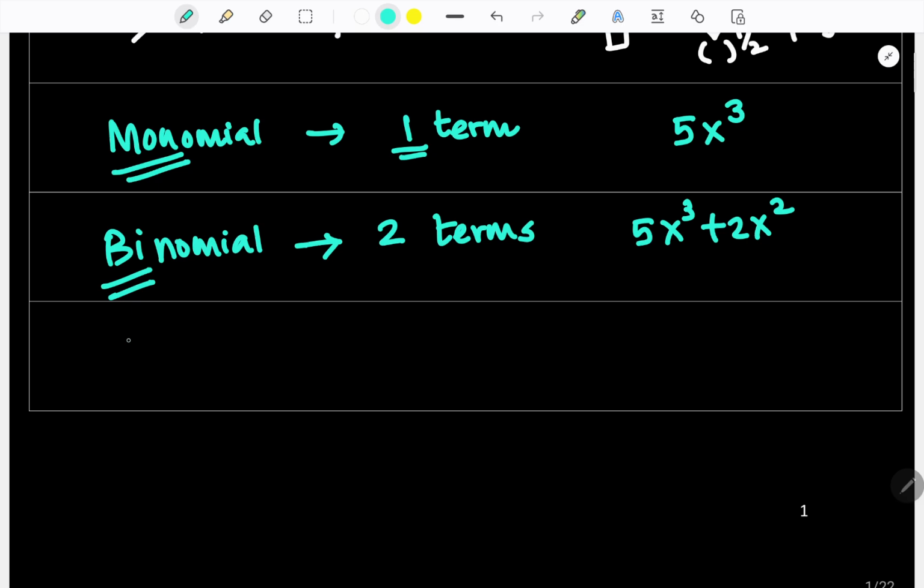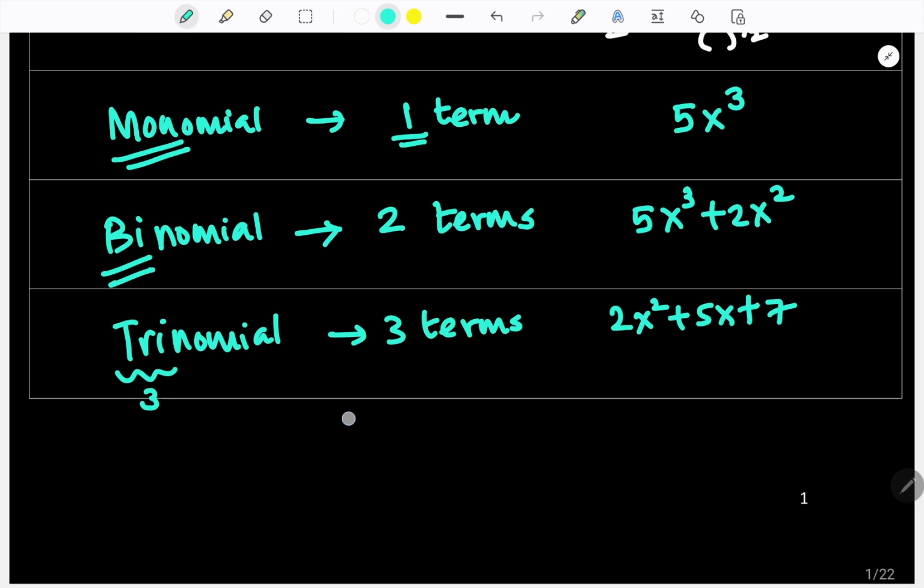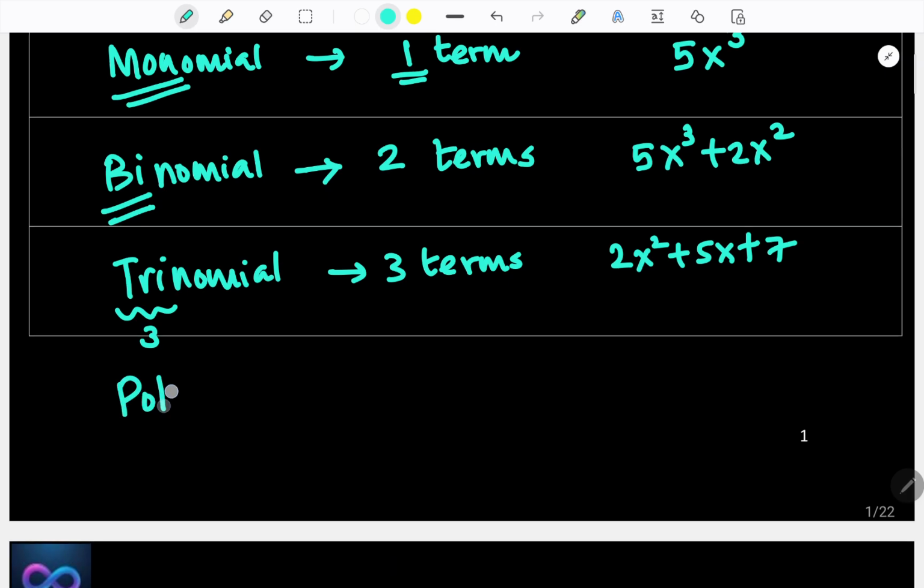Okay, right. Next, I will give you an example for trinomial. Tri means 3. So trinomial means 3 terms will be there, for example, 2x square plus 5x plus 7. Then it is called trinomial. And we are coming to the last word, which is polynomial. Polynomial means many terms.